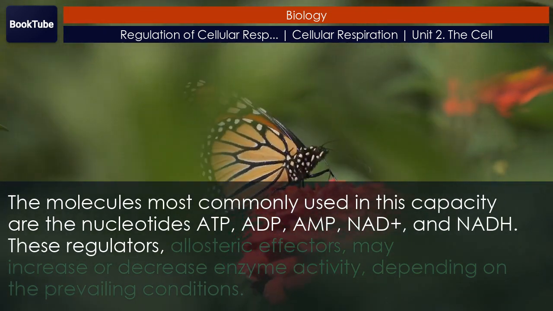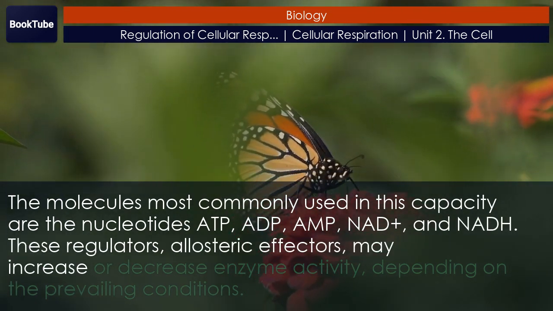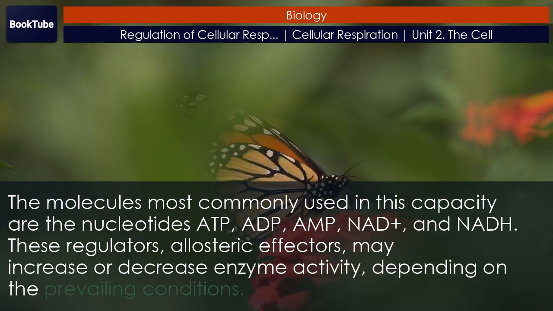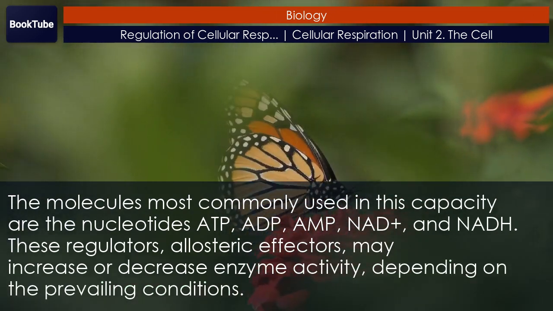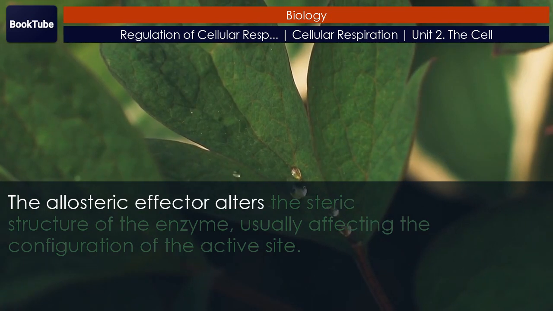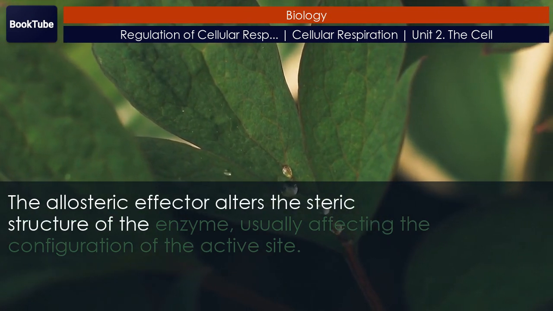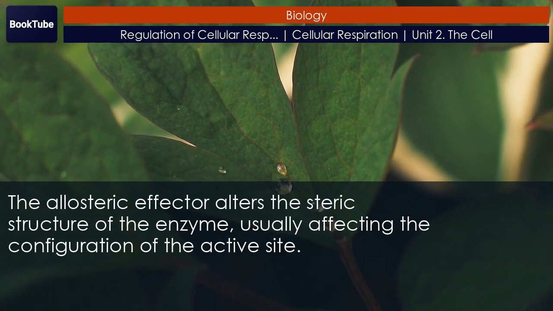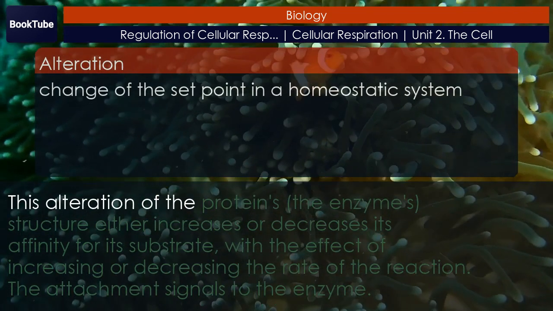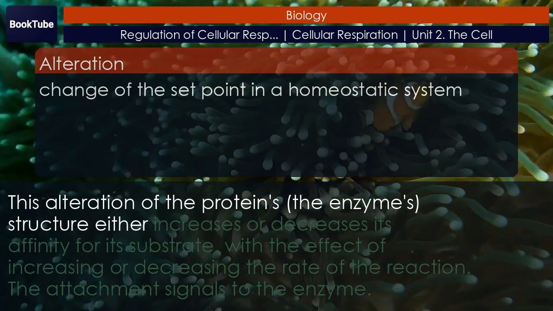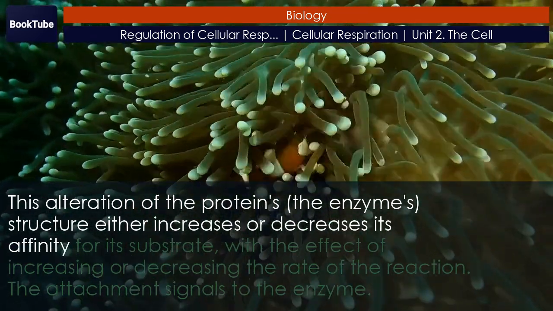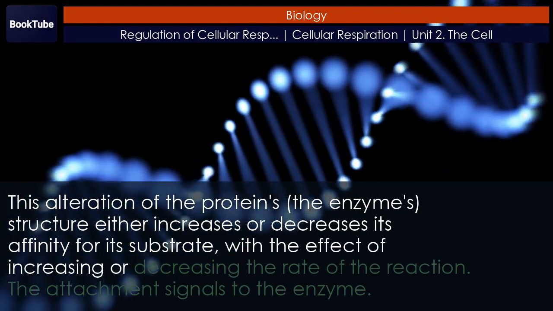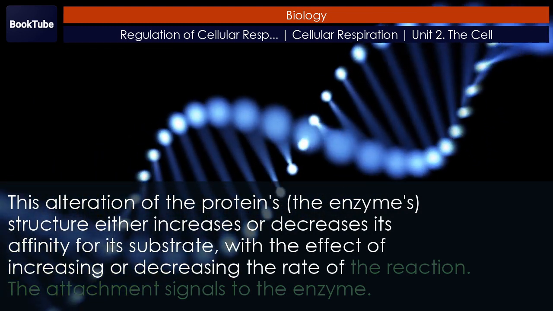These regulators, allosteric effectors, may increase or decrease enzyme activity, depending on the prevailing conditions. The allosteric effector alters the steric structure of the enzyme, usually affecting the configuration of the active site. This alteration of the enzyme's structure either increases or decreases its affinity for its substrate, with the effect of increasing or decreasing the rate of the reaction.